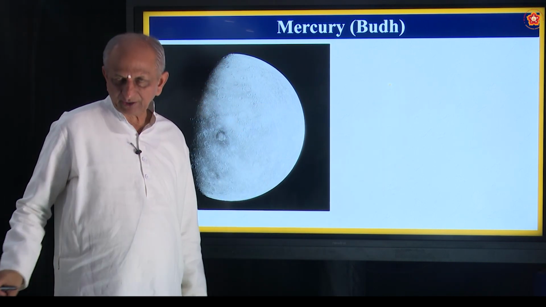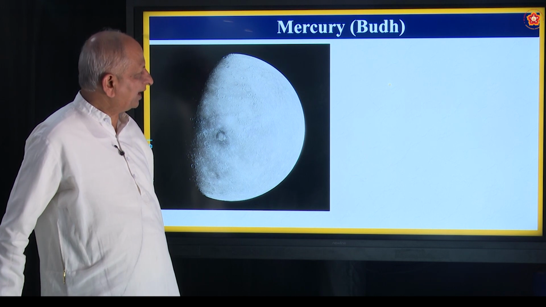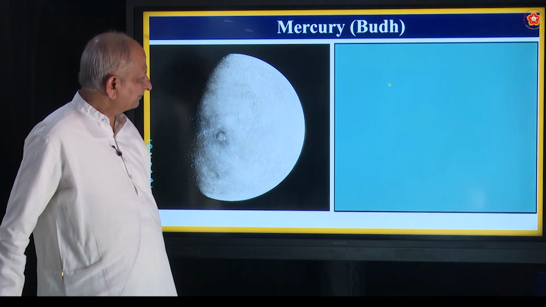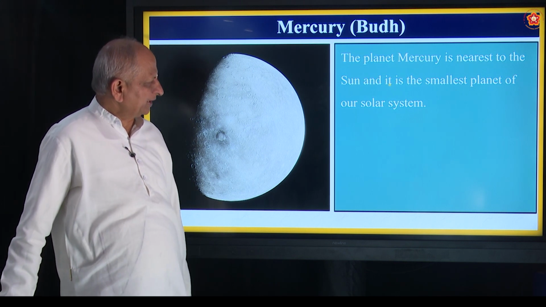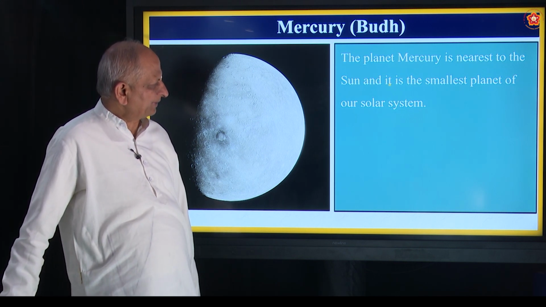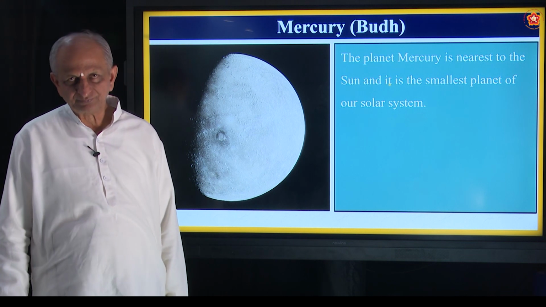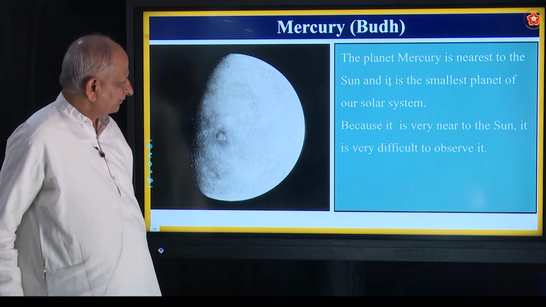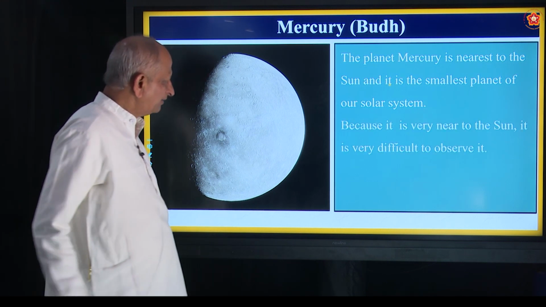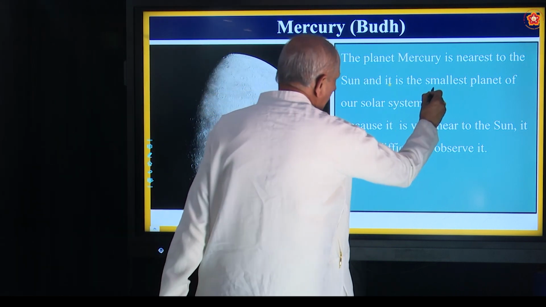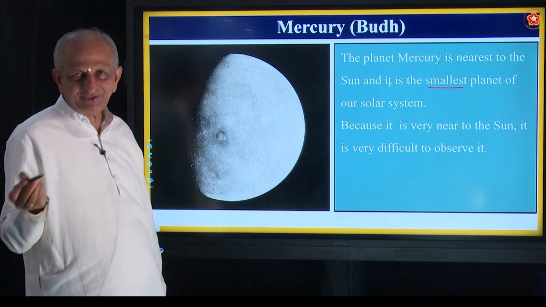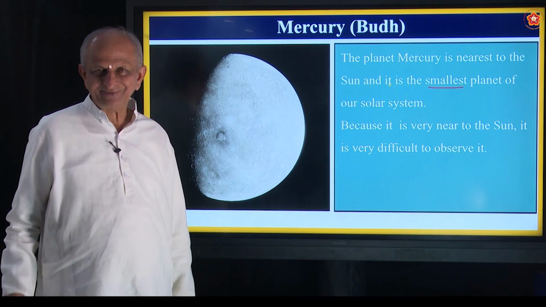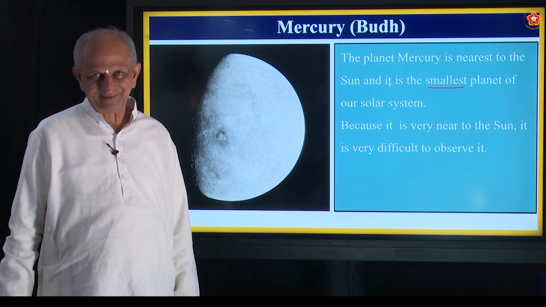Now let us see the planets one by one. The first one is Mercury, also called Buddha in Sanskrit. The planet Mercury is nearest to the sun, and it is the smallest planet in the solar system. Smallest. So look at the adjective here. We use the word smallest planet. As against this, you have the biggest planet. What is that? Jupiter.